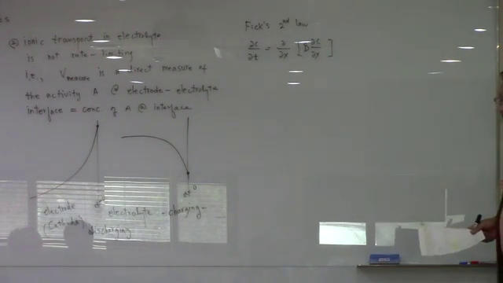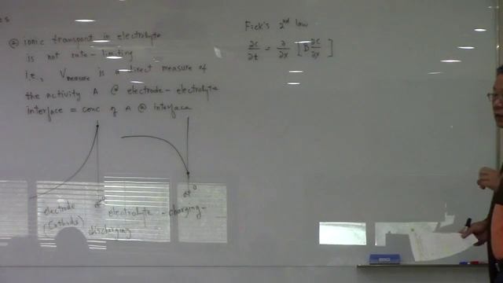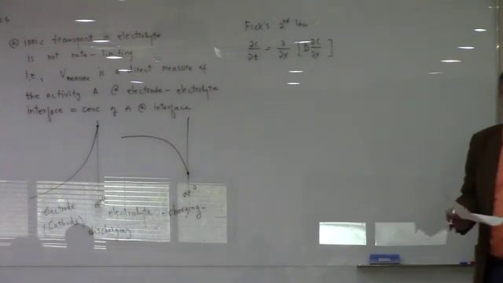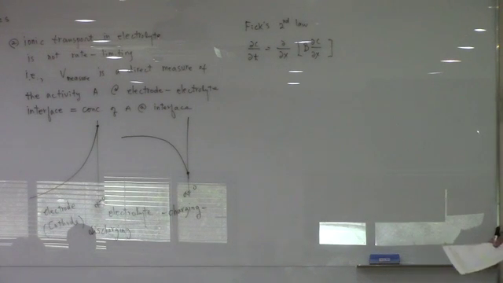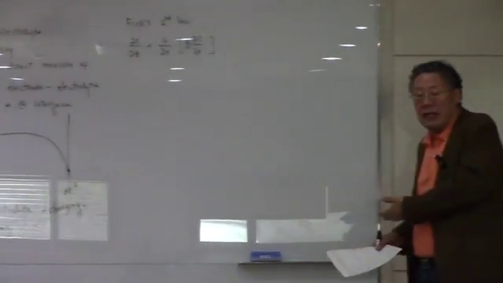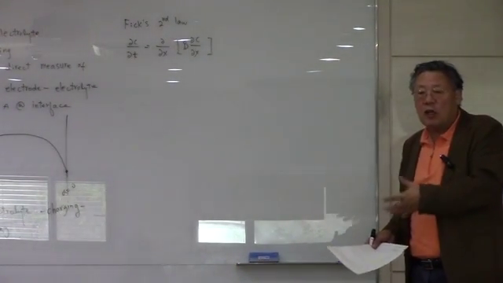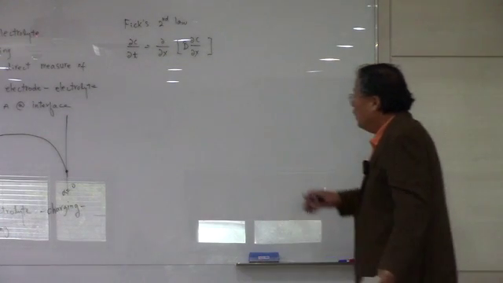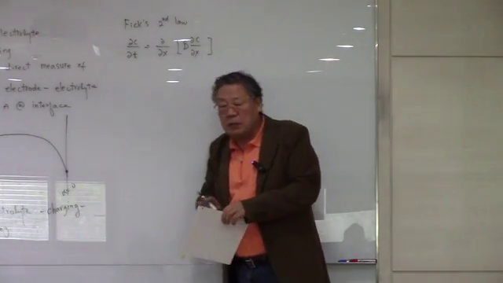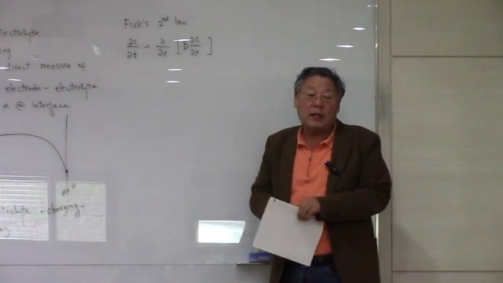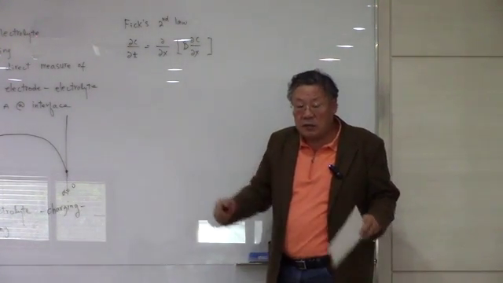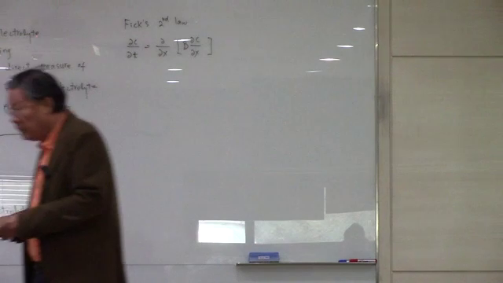You can notice that the solution is not a simple one. It's going to be very complicated, but we can have some physical sense at the very beginning or very final end, around the equilibrium. The solution becomes simple so that we can have some physical meaning in understanding the solutions.